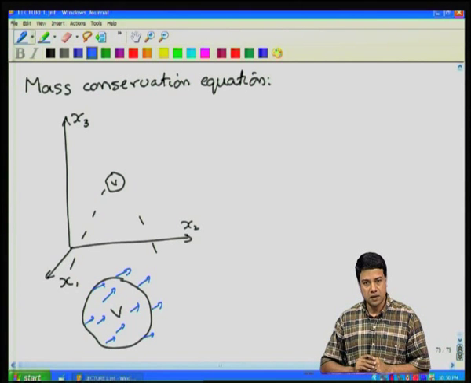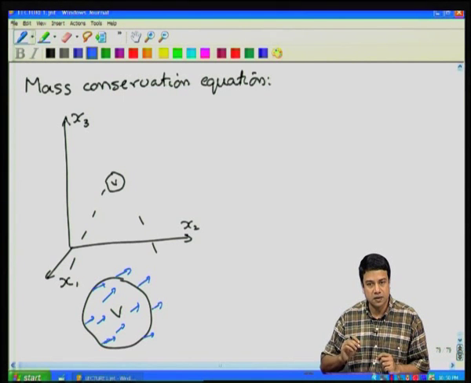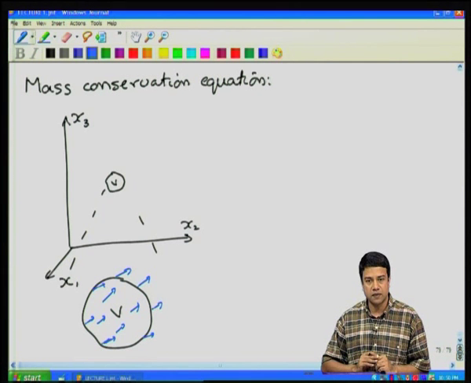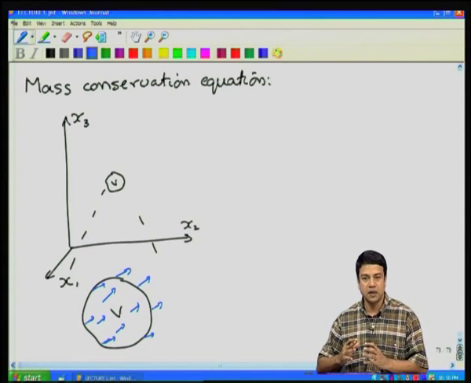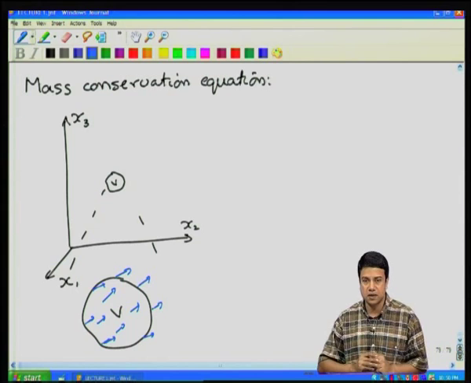Now, if I consider the surface of this volume to be moving at the same velocity as the fluid at that surface, the fluid velocity at that surface is equal to the velocity with which the surface moves. So, in that sense, this volume is now a function of time. It moves with time along with the fluid, a Lagrangian reference frame, if you will, moving with the mean velocity of the fluid.